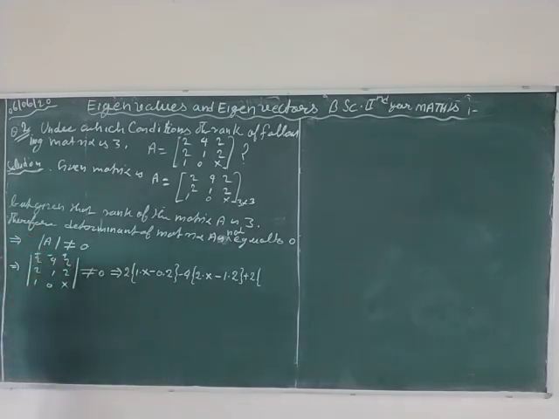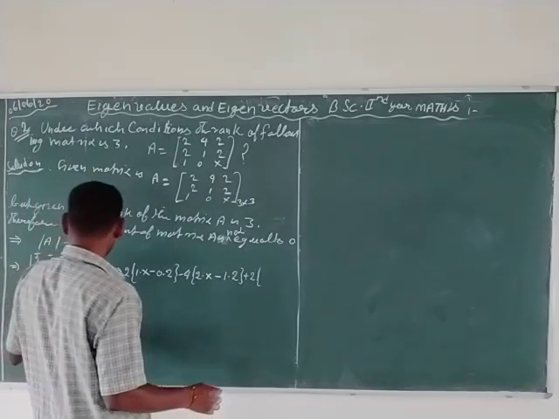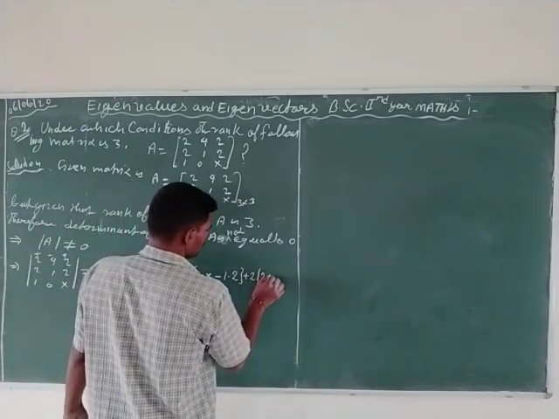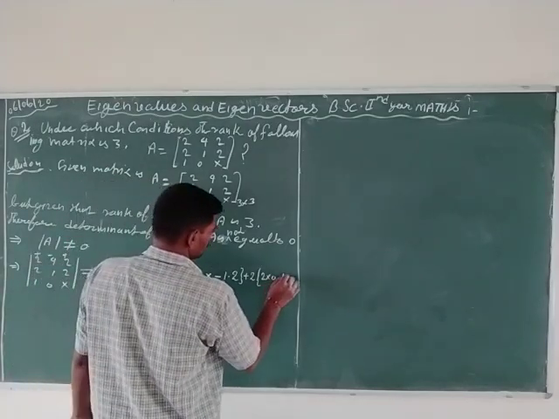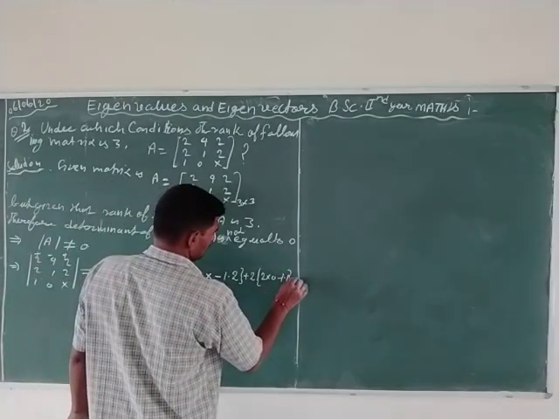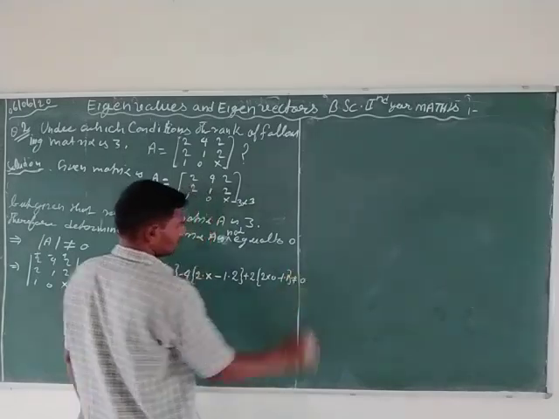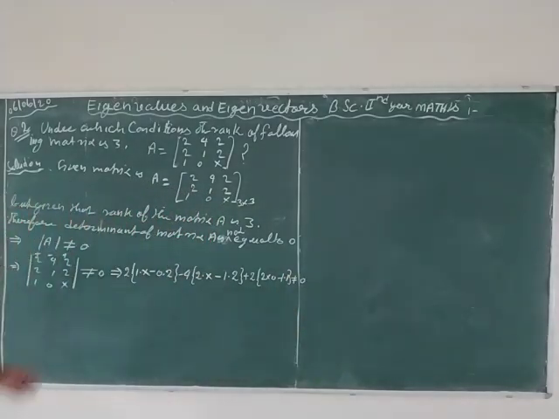So plus 2, eliminate the row and column and consider the determinant of this 2 by 2 submatrix, 2 1 1 0. So 2 into 0 minus 1 into 1 is not equal to 0.